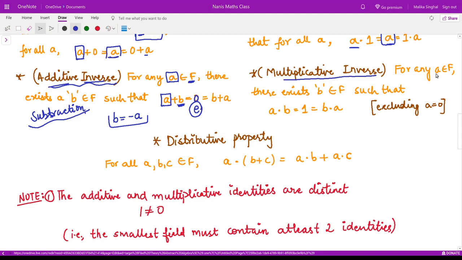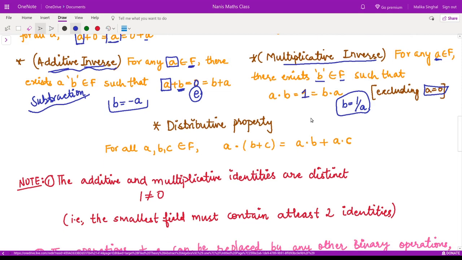That means for any number a in the field F, you have another number b in the field F such that their multiplication is equal to the multiplicative identity of the field, that is equal to 1. So here b is equal to 1 upon a, and this property is true only for non-zero numbers because the multiplicative inverse of 0 is not defined, 1 upon 0 is not defined, right?